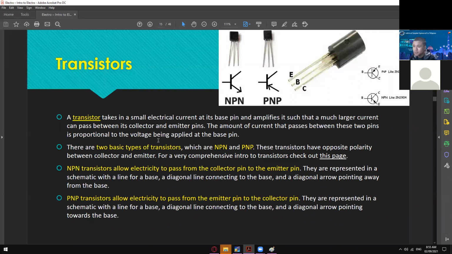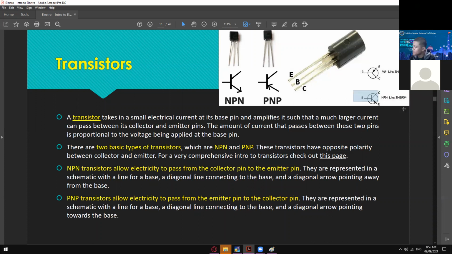So this is another component that can control the flow of electricity. We have two types of transistor: the NPN and the PNP. NPN is this one right here. We have this kind of setup wherein it only allows electricity to pass from the collector pin to the emitter pin.